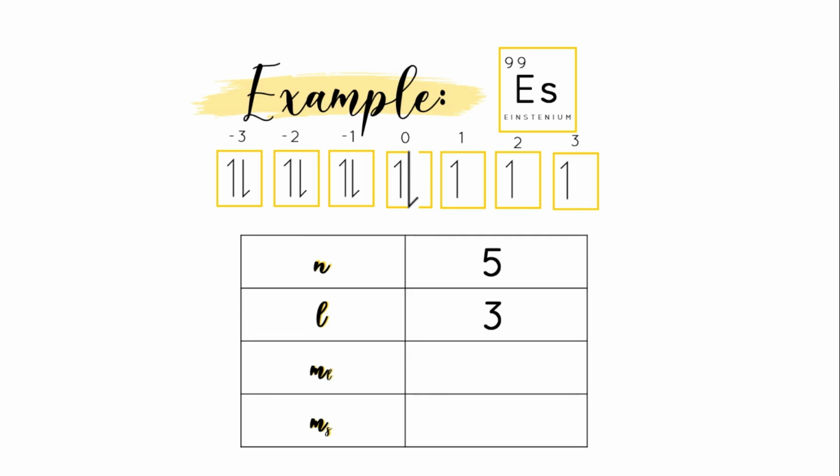That is the last electron that we drew on our diagram. Since it falls under the box labeled as 0, our magnetic quantum number is 0. Lastly, since it is pointing downward, it's spinning downward, our spin quantum number is -1/2.